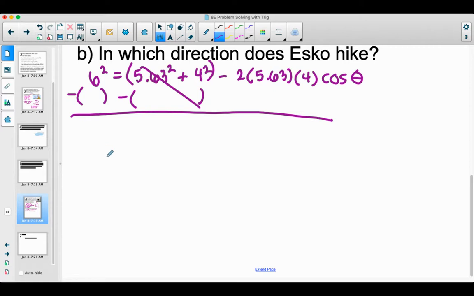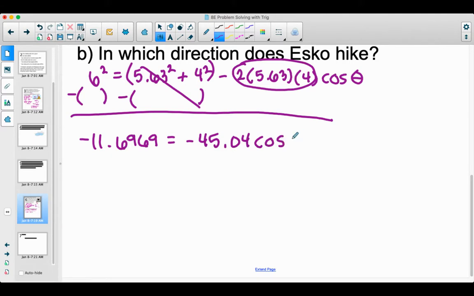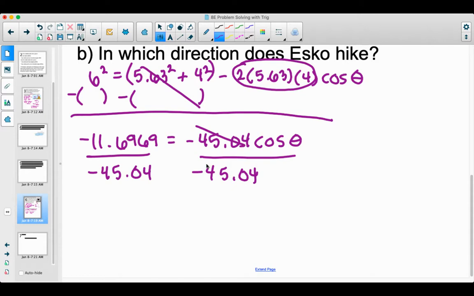When I take 6 squared and subtract this chunk right here, I end up with negative 11.6969 is equal to, and if I multiply that together, negative 45.04 times the cosine of theta. Then I need to divide by negative 45.04 on both sides, so that cancels.